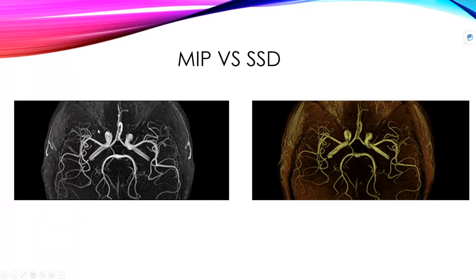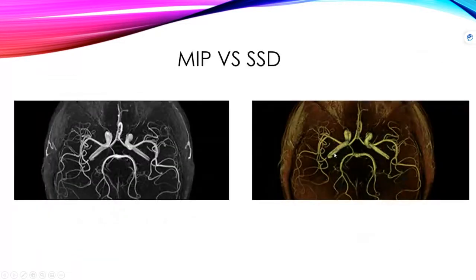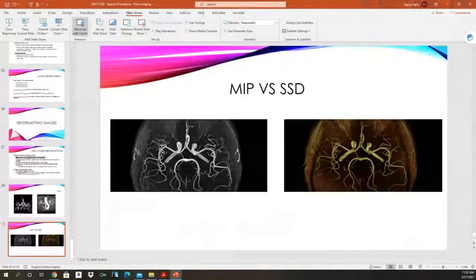If you look at this area of the circle of Willis versus right here, it's night and day difference. You can see the edges better, the shading. That's why it's called shaded surface display, because that algorithm gives you that optical illusion of shading that makes it look like a 3D structure. So that's really it. That's the gist of what I wanted to talk about today.